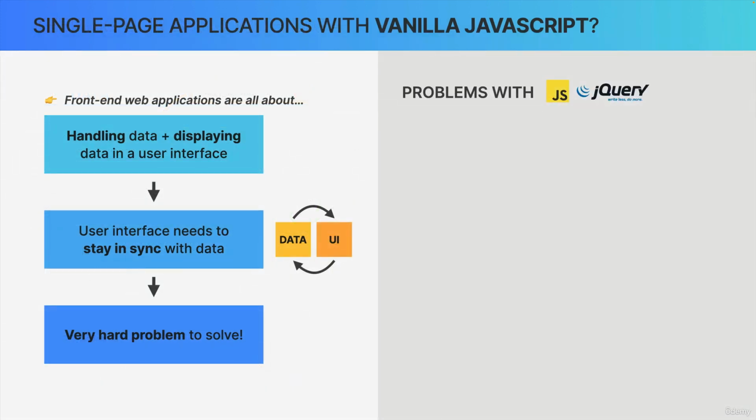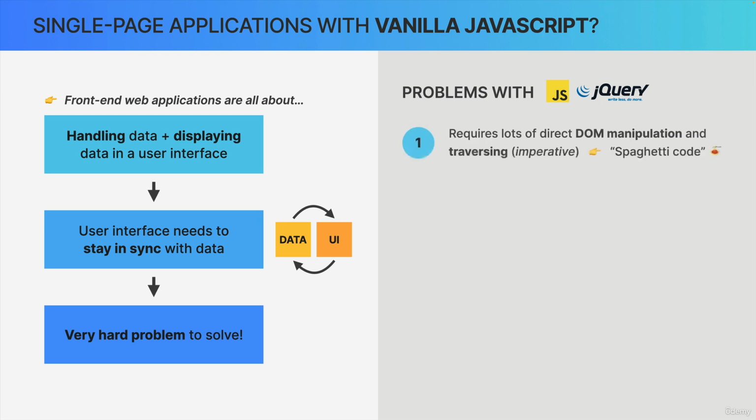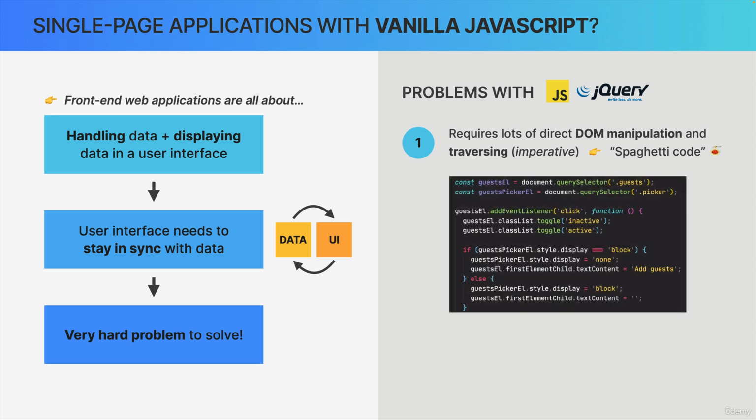Well, it comes down to two big aspects. The first is that building a complex front-end with vanilla JavaScript alone requires large amounts of direct DOM traversing and manipulation. Like in this code right here, where we have manual element selection, class toggling, DOM traversing, and even manipulation of text and CSS styles.